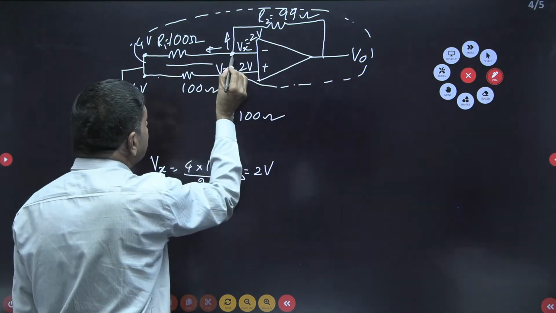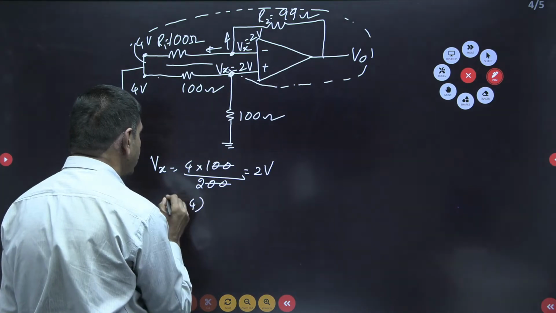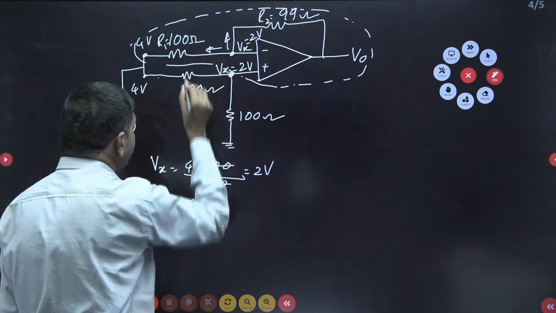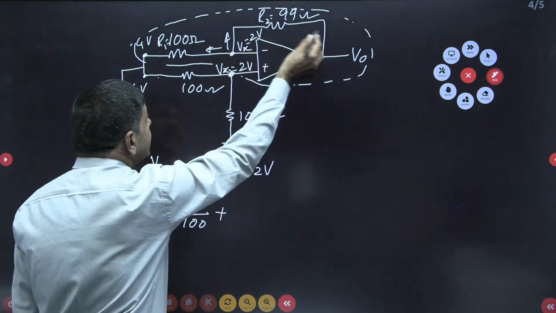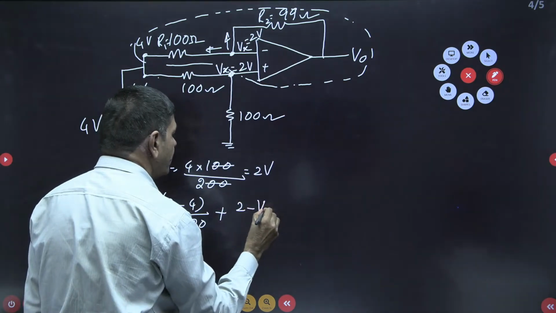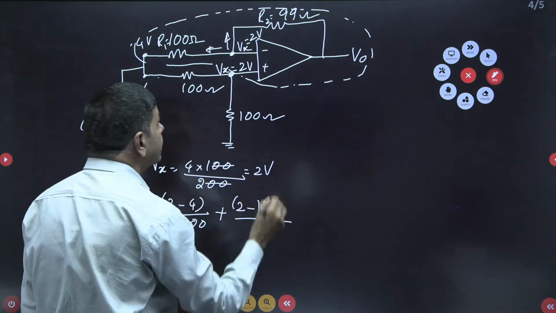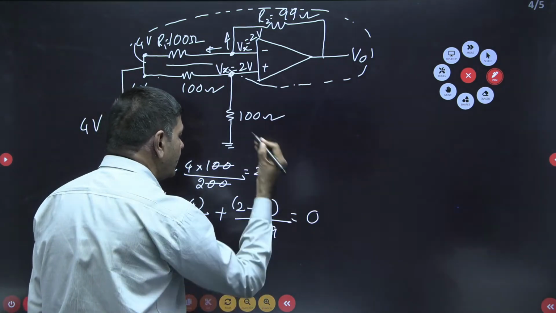This current means what? 2 minus 4. I can write 2 minus 4 divided by 100 ohms here, plus this current, which is nothing but 2 minus V0 divided by 99, equal to 0.